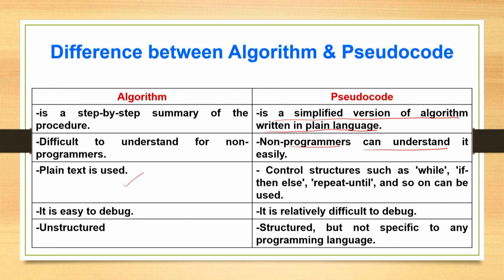Algorithm is generally plain text, whereas in pseudo code, control structures such as while, if then else, repeat until are used. Algorithm is easy to debug, whereas pseudo code is relatively difficult to debug. Algorithm is unstructured, whereas pseudo codes are structured, but not specific to any programming language. So, these are the differences between the algorithm and pseudo code.